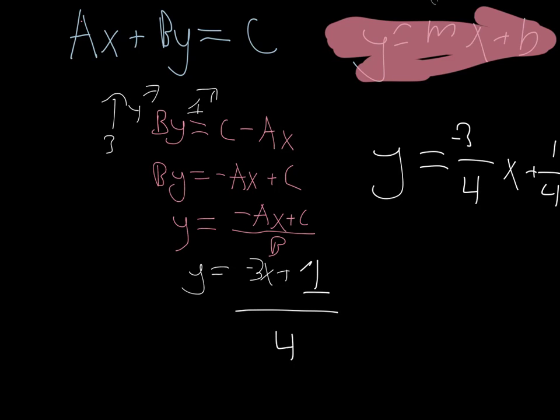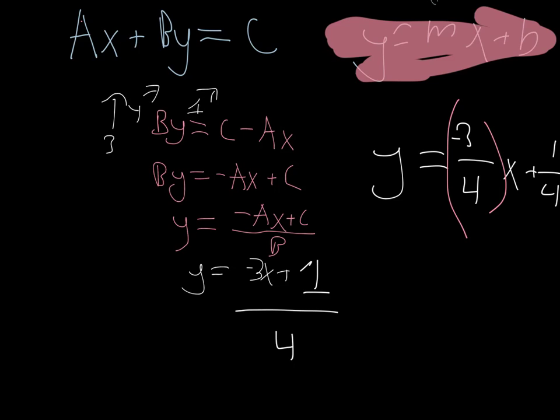So we know that the slope of this line is negative 3 by 4. That is how to change ax plus by equal to c into the slope-intercept formula, y equals negative 3 by 4 x plus 1 by 4.